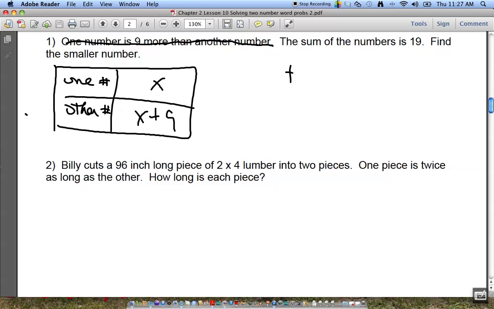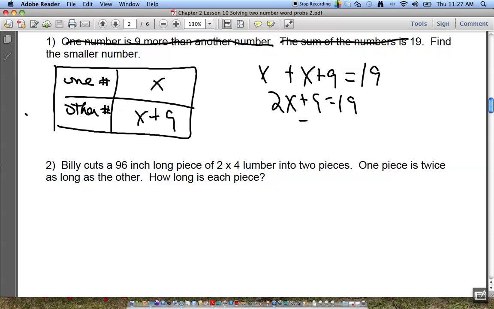X plus 9 and X, right? And the sum of the numbers is what? Equals 19. Did you notice how a lot of times with word problems, the actual equations are easier? It's the setup and writing the equation that's the difficult part. But if you can do that, solving them, piece of cake. 2x is equal to 10, divided by 2. X is 5. And by the way, it's not only a piece of cake, it's a piece of carrot cake.